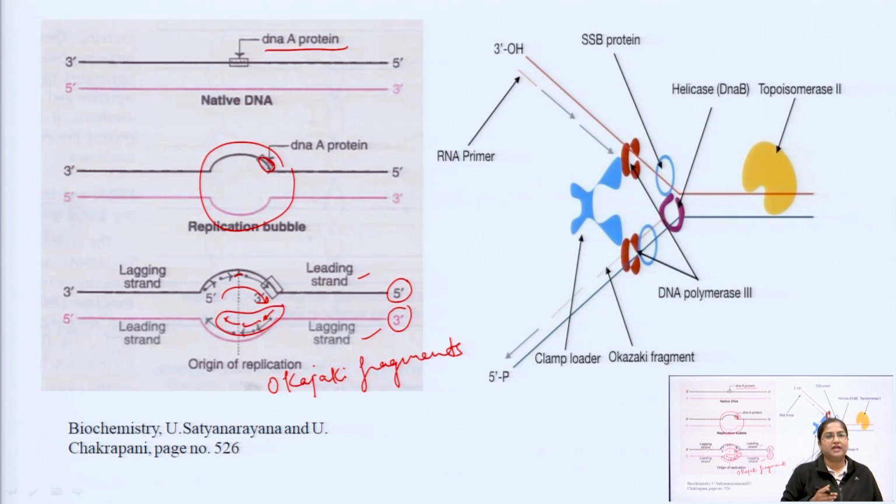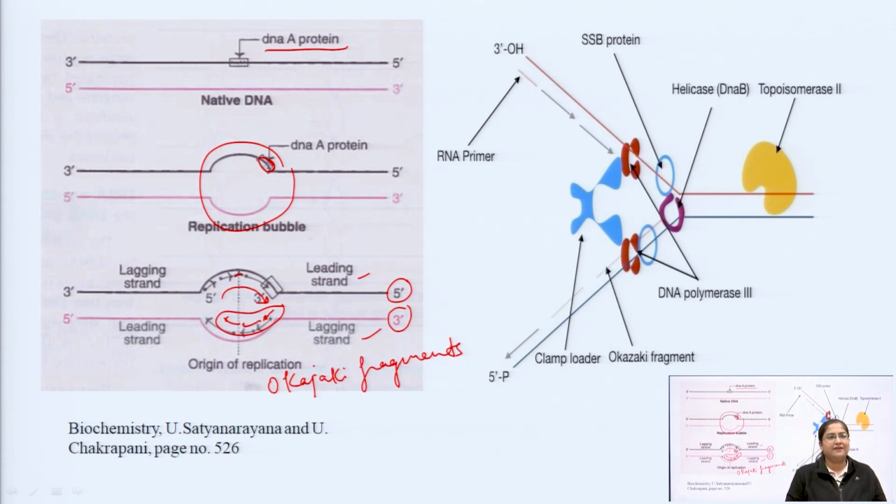As I have told you, DNA needs to be separated from the helical structure. It needs to be two parallel lines of DNA to do the replication. Now it is very difficult to separate the DNA when it is helically formed. So how to do it?